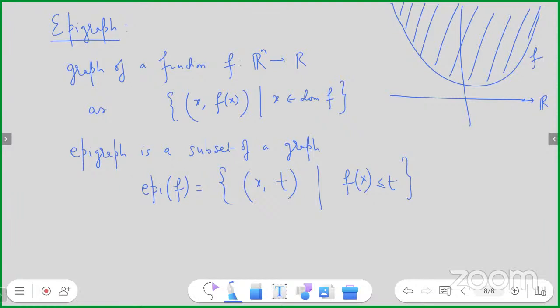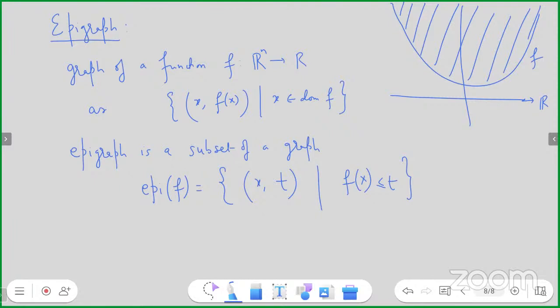Why? The epigraph cannot be unbounded. If it's the x, then t is anything above, so it's unbounded. Good. So you're at least following what a definition means.